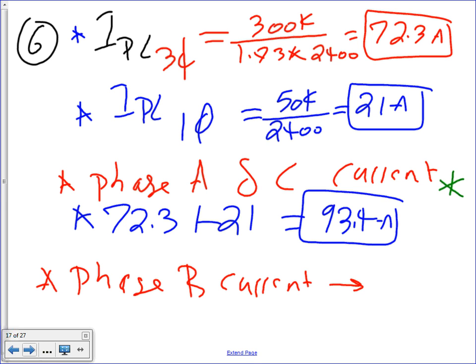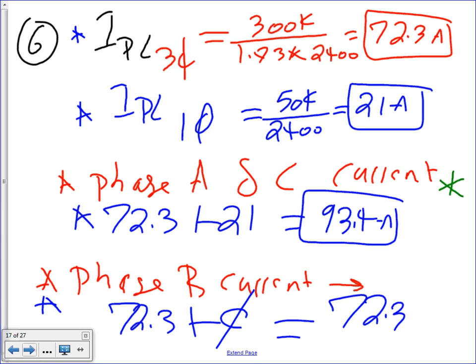B is going to see the following: 72.3 plus what? Big fat 0. Why the 0? Is there anything connected between B and the neutral? No. So that plus 0 will give you 72.3 amps. The reason why I put the plus 0 is just to emphasize there is no neutral load connected between B and neutral.